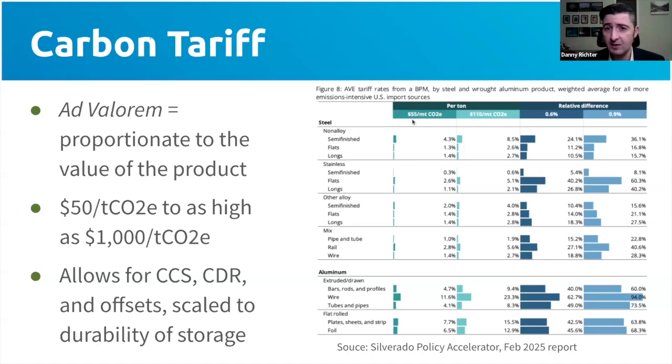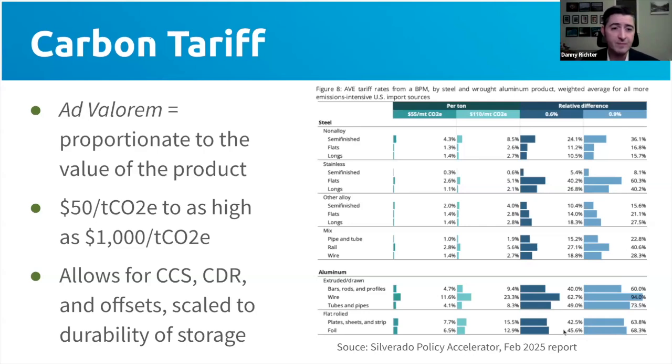So $55 per megaton of carbon dioxide equivalent, $110 per megaton of carbon dioxide equivalent for various types of steel and aluminum. And the bars you can see are just not as big, not even close to how big they become for relative difference. And the paper said explicitly that this 0.6 and 0.9 was based on the last iteration of the Foreign Pollution Fee Act. And so this really made it pop for me. When you do this ad valorem calculation, you get these really, really large rates of carbon fees.